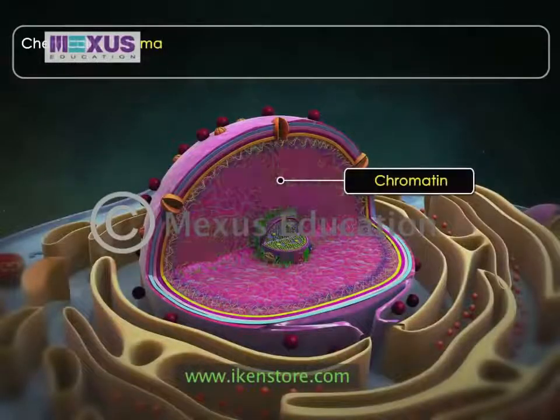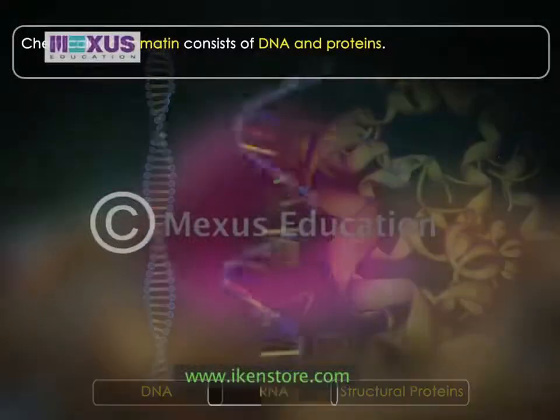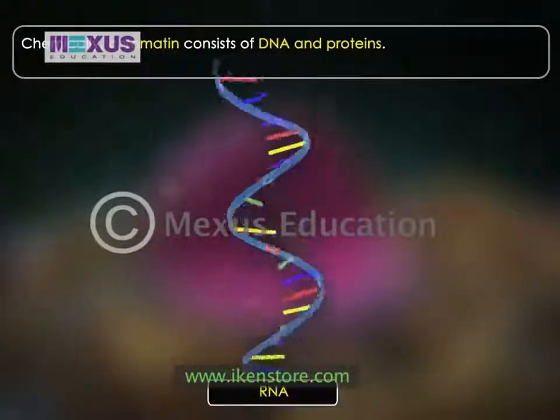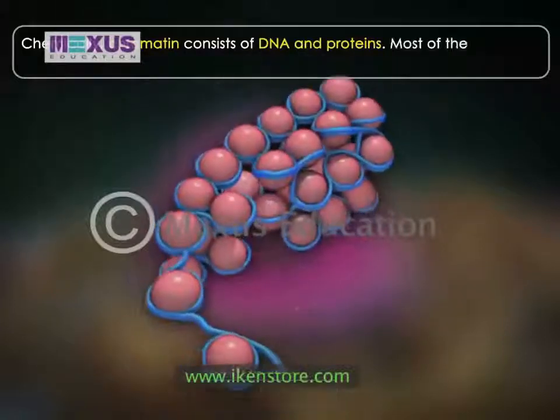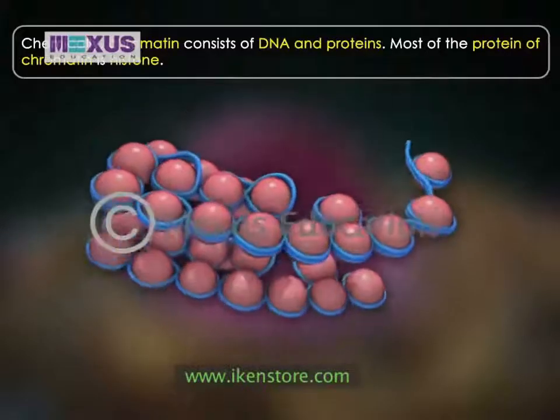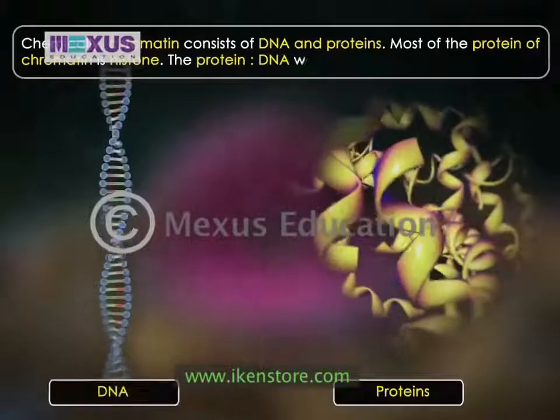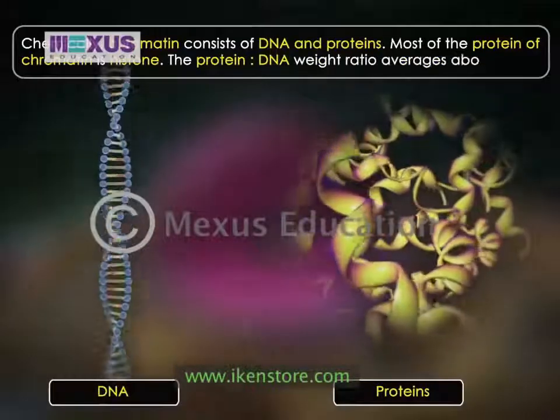Chemically, chromatin consists of DNA and proteins. A small quantity of RNA may also be present. Most of the protein of chromatin is histone, but the non-histone proteins are also present. The protein-DNA weight ratio averages about 1:1.